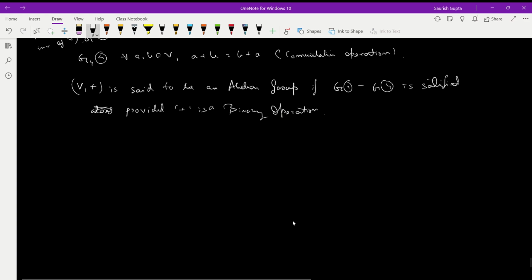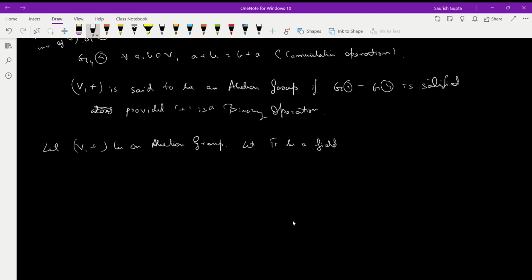Now let V along with plus be an abelian group. Let F be a field. Then we define, for all elements C in F, the following operation.